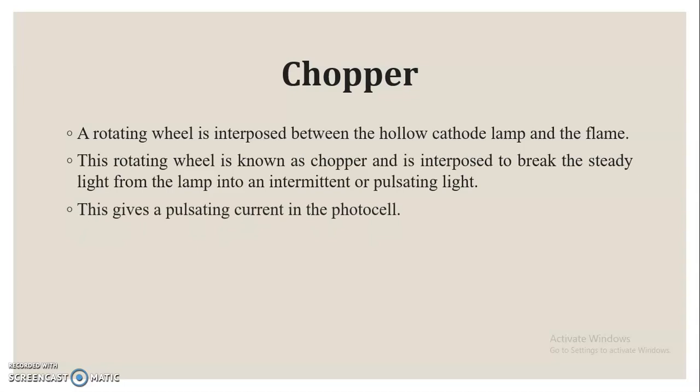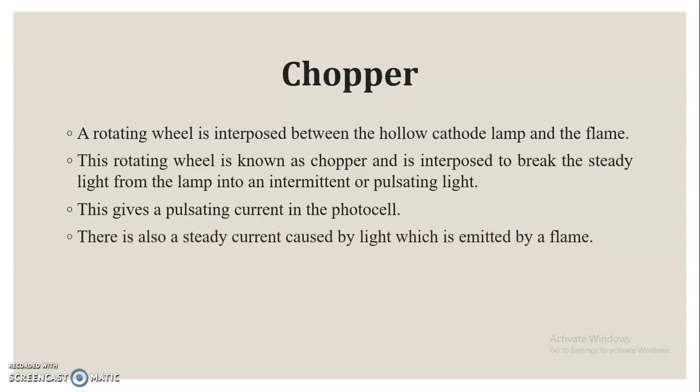This gives a pulsating current in the photocell. There is also a steady current caused by the light which is emitted by the flame. Means the pulsating light will fall on the photocell, which is used as a detector, and that's why the pulsating current is obtained in the photocell.